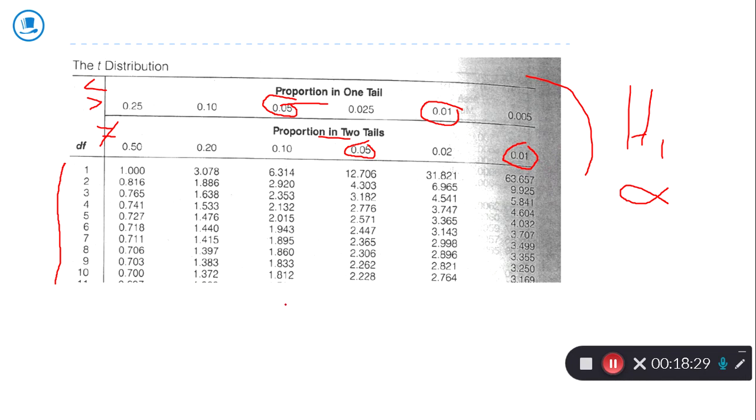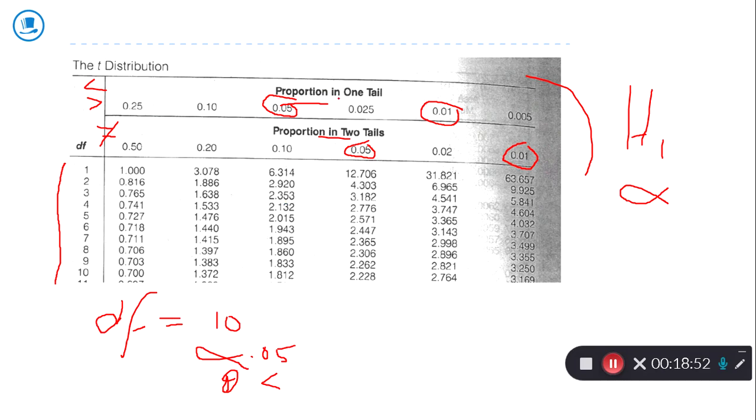So on this table, if we have degrees of freedom equal, let's say 10, alpha 0.05, and we have, let's say, a less than in the alternative hypothesis.